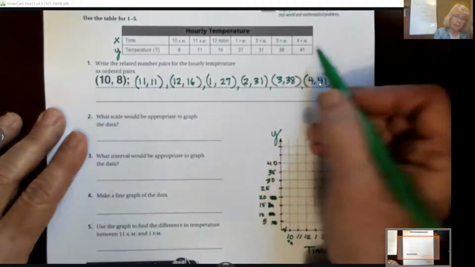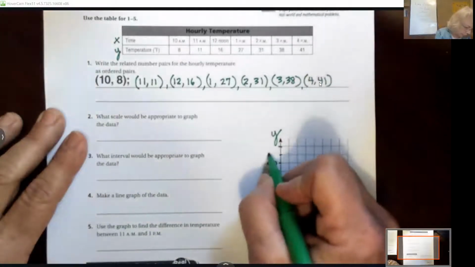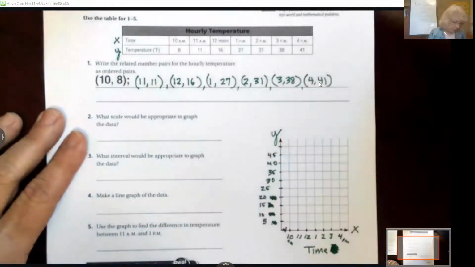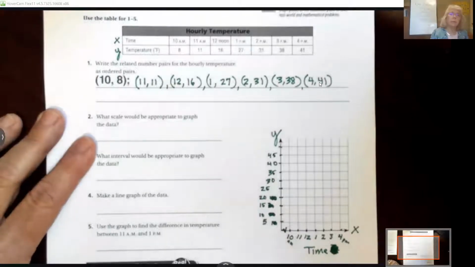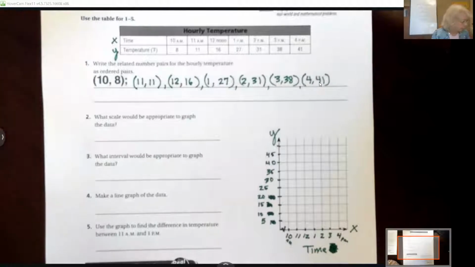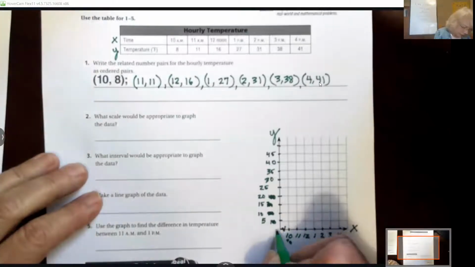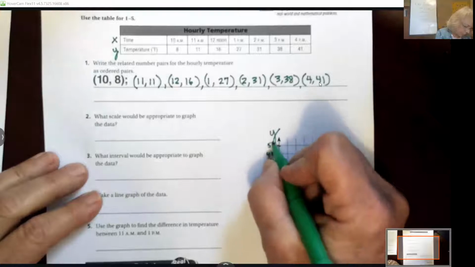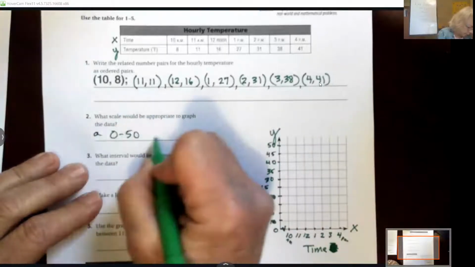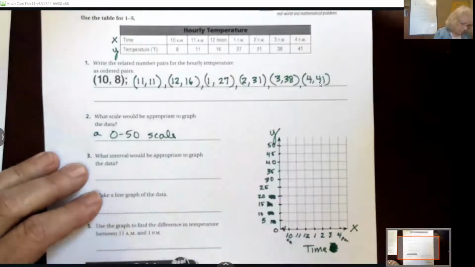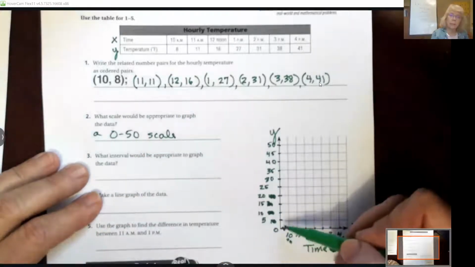Oops, I have to get at least to 41, so I'm going to go 45 up here. Okay, so now, what scale would be appropriate to graph the data? We're going to say this is a 0 to 50 scale, which is what we've used right here.